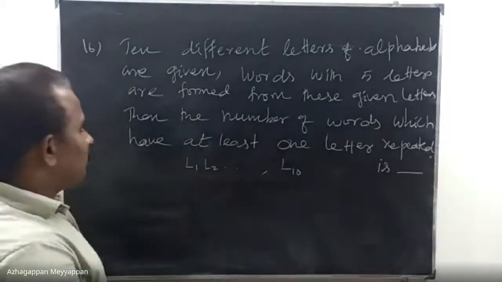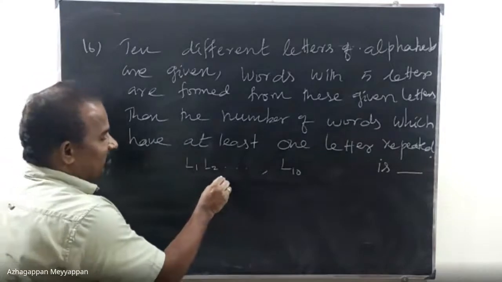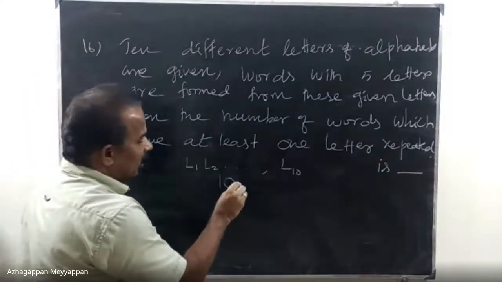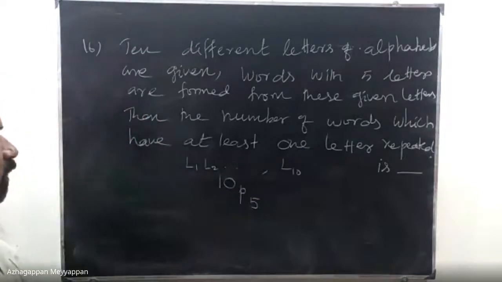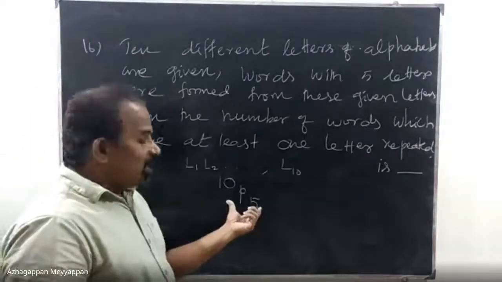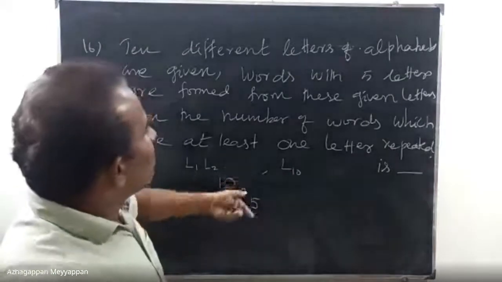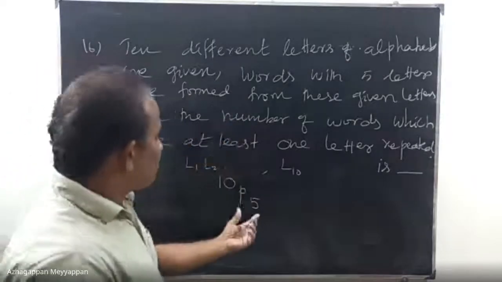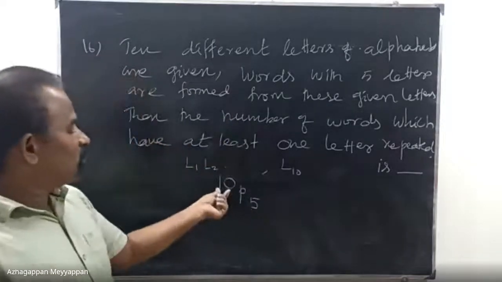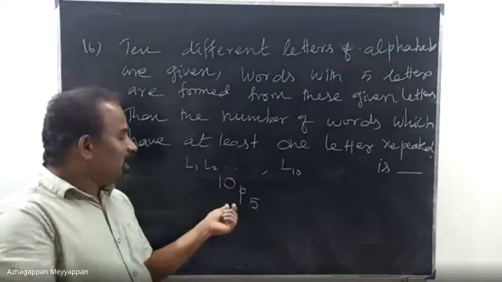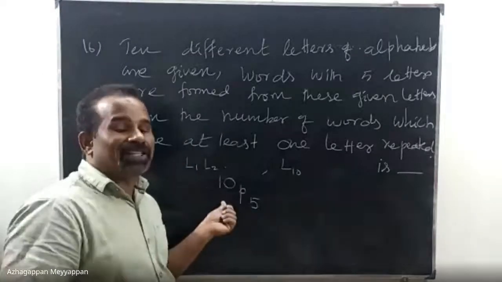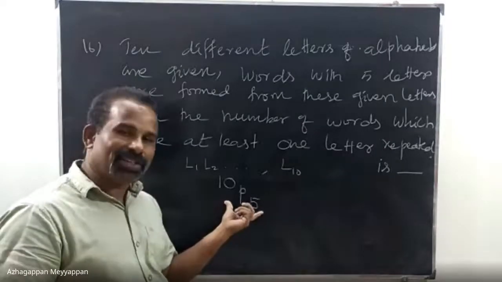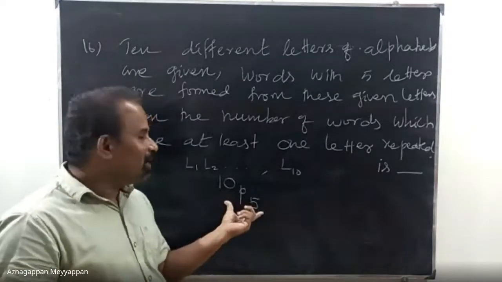Suppose let us take 10P5. 10P5 means the number of 5 letter words that can be formed out of 10 letters, where each letter of the word is distinct.